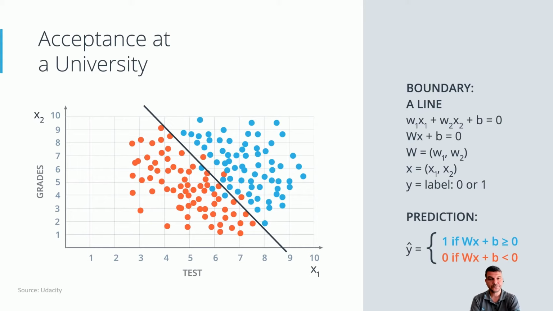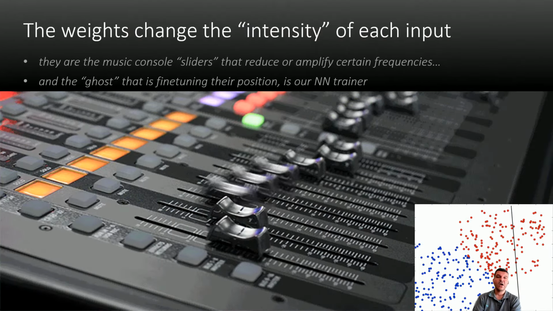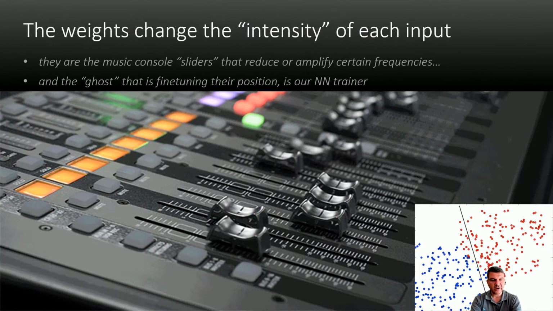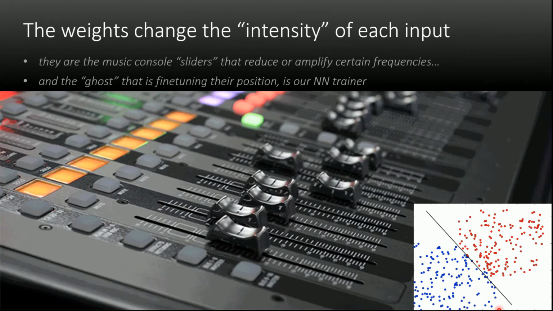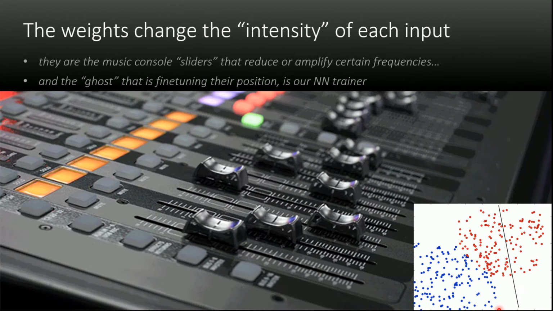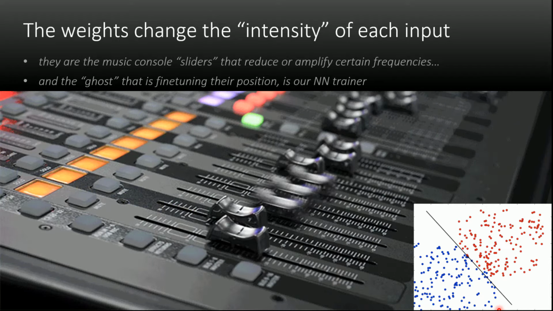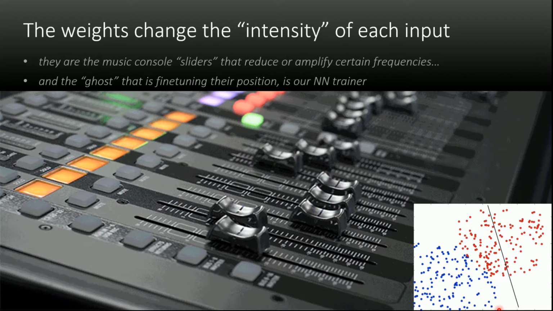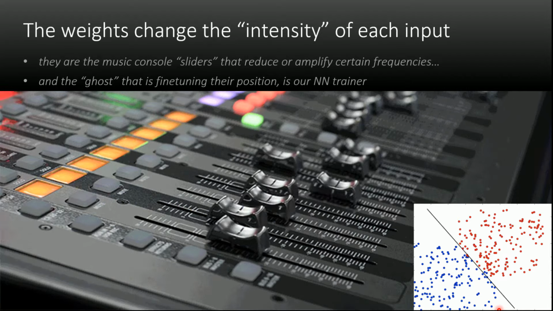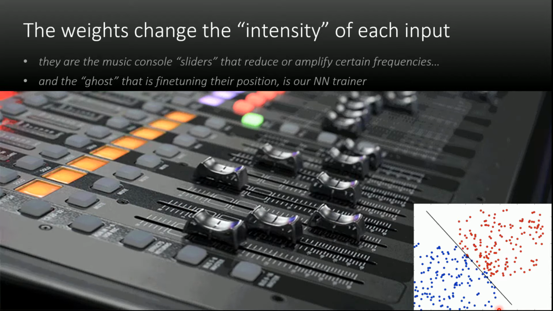What we have really seen so far is this thing here. Let's take the equivalent of a music console slider. We have a music console and we have the sliders that amplify certain frequencies, that allow some frequencies to be heard more than others.